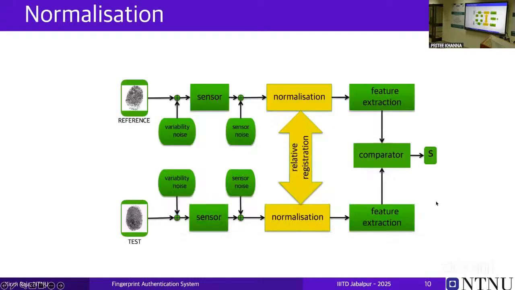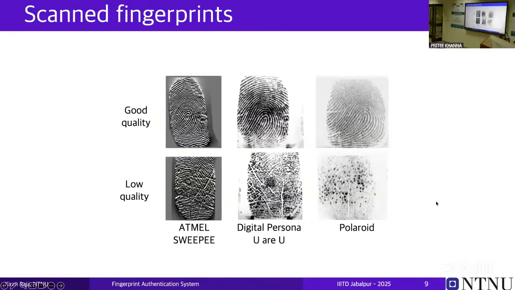Okay, now if we just take another example here, the previous case, if I'm capturing two fingerprints of the same person, let's assume this fingerprint, right? If I'm capturing in one instance, I see that there is a lot of gap here. And if I ask the person to move the finger this side, maybe I'll end up getting some space here, which means I might also get some additional information. So this means every time I'm trying to compare two images, the information might not be exactly the same.